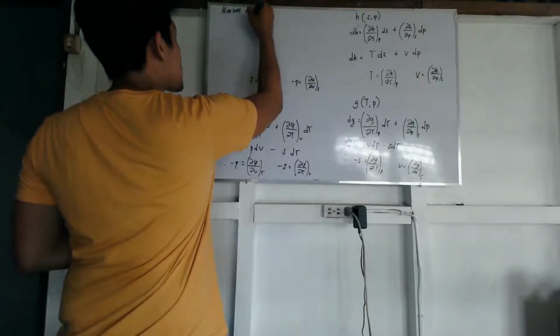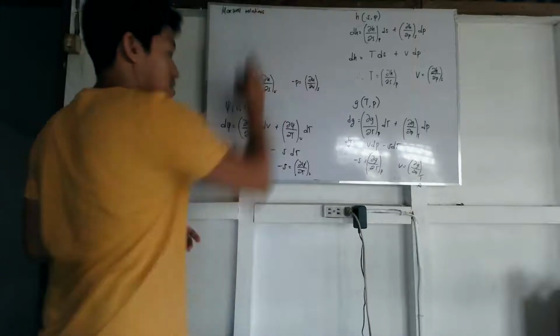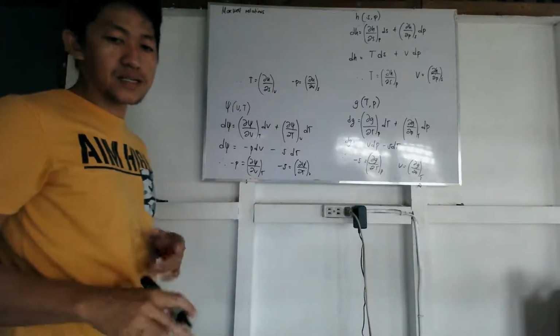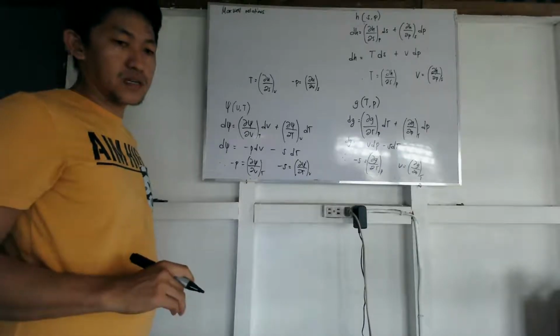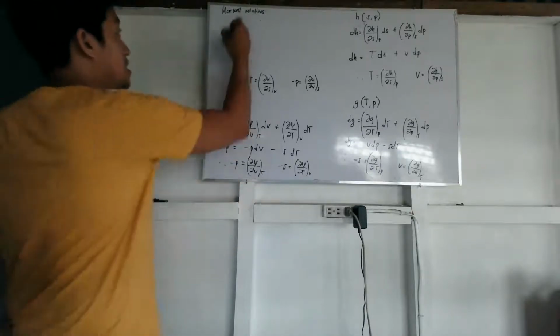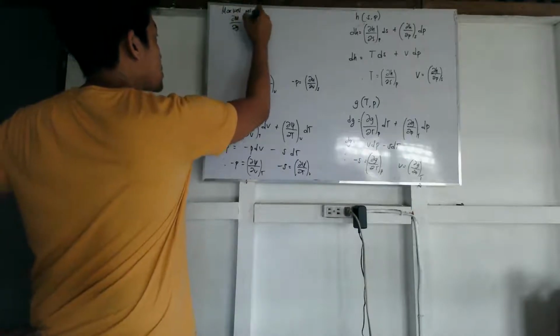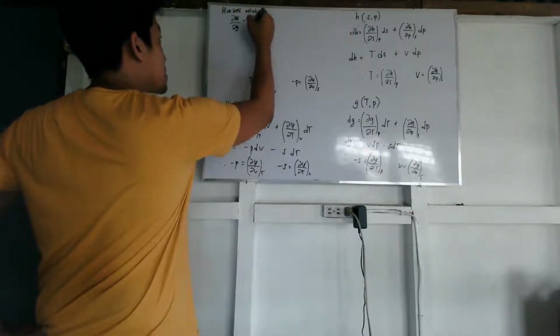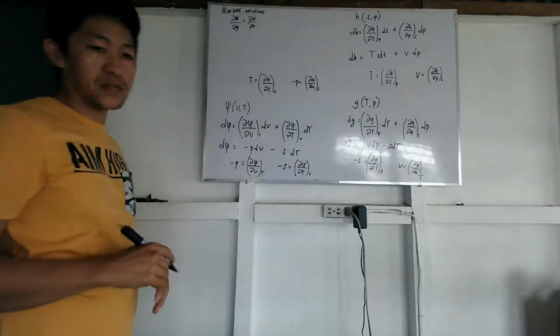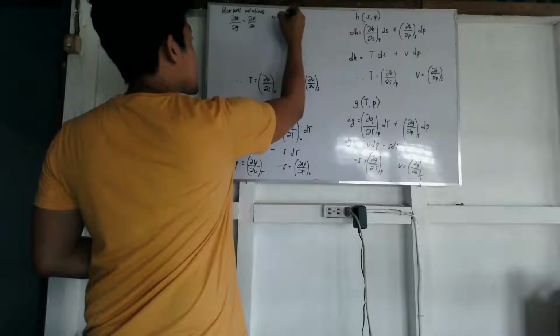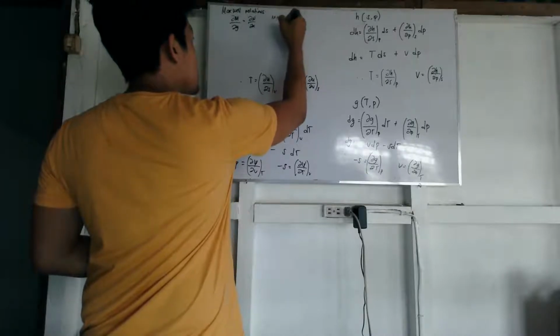Now, based on the Maxwell relations, we can assess an exact differential. Right? Partial of M with respect to y is partial of N with respect to x, where M is partial of the variable with respect to x.